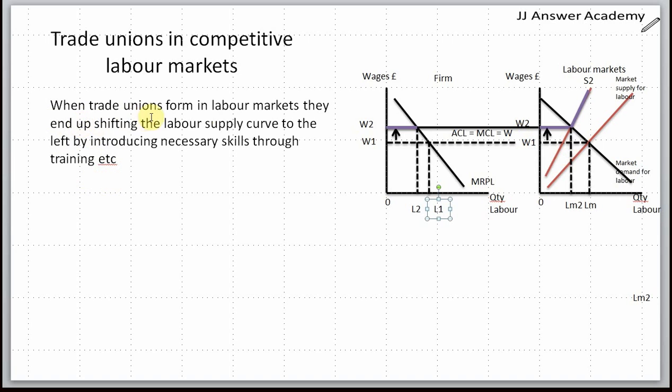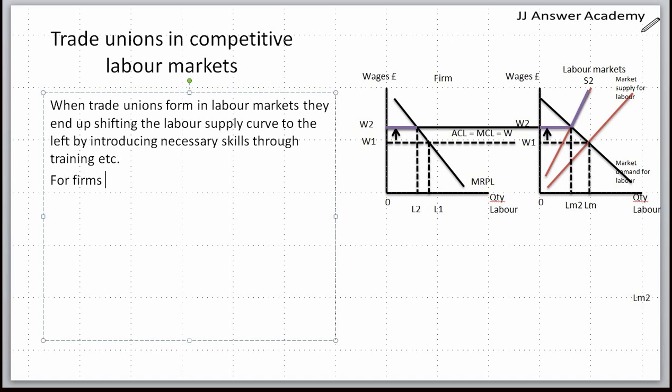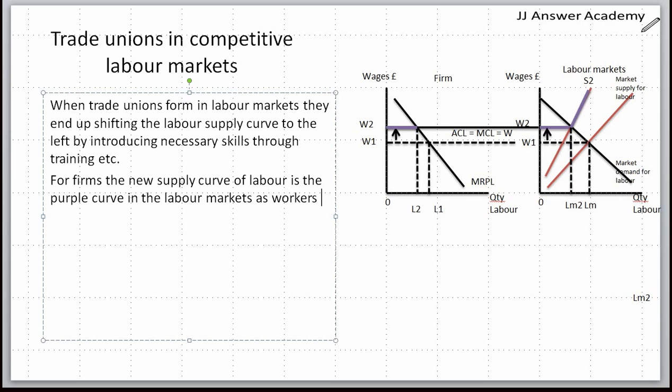So when trade unions form in labor markets, they end up shifting the labor supply curve to the left by introducing necessary skills through training, etc. For firms, the new supply curve is the purple one in the labor market, as workers will not be willing to work at W2 or below.